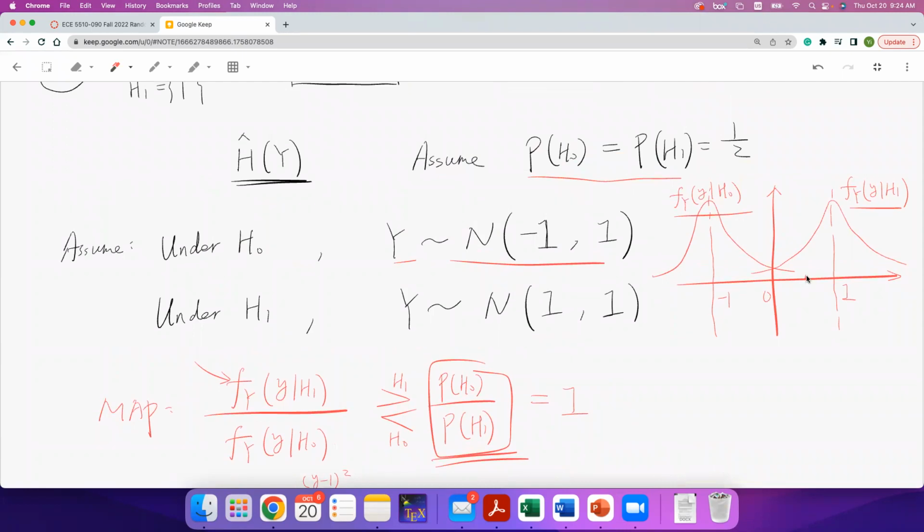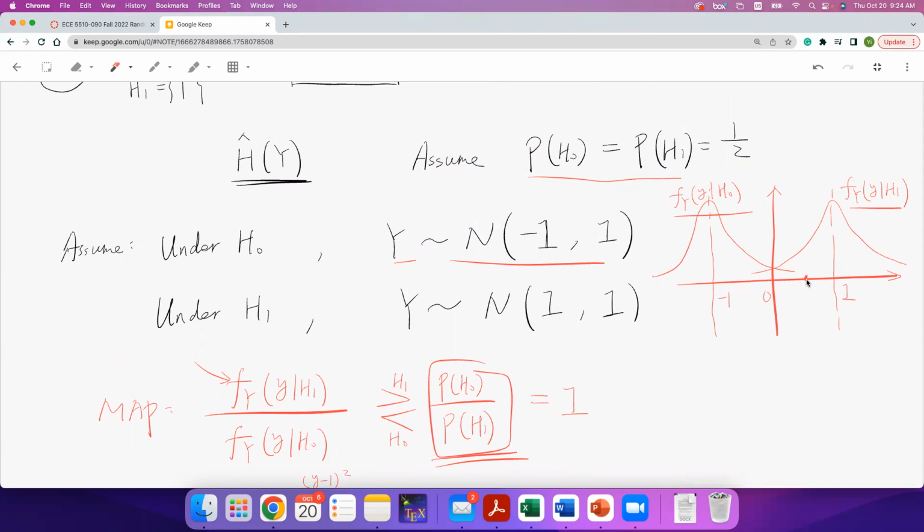But sometimes we are actually transmitting negative 1, and there's a large noise that perturbs the signal to be positive, right?